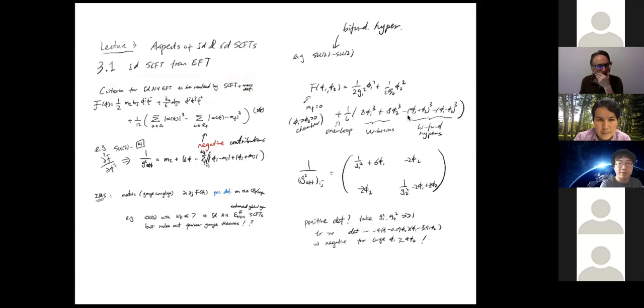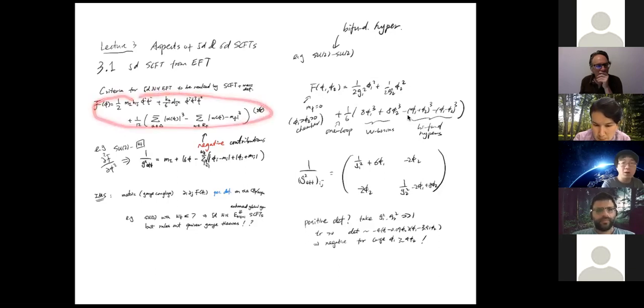Just to remind ourselves, the 5-dimensional Coulomb branch effective theory is highly constrained by supersymmetry and gauge invariance. At two-derivative level it's determined by a so-called prepotential, which is a cubic polynomial in the U(1) vector superfields, which are labeled by phi here.